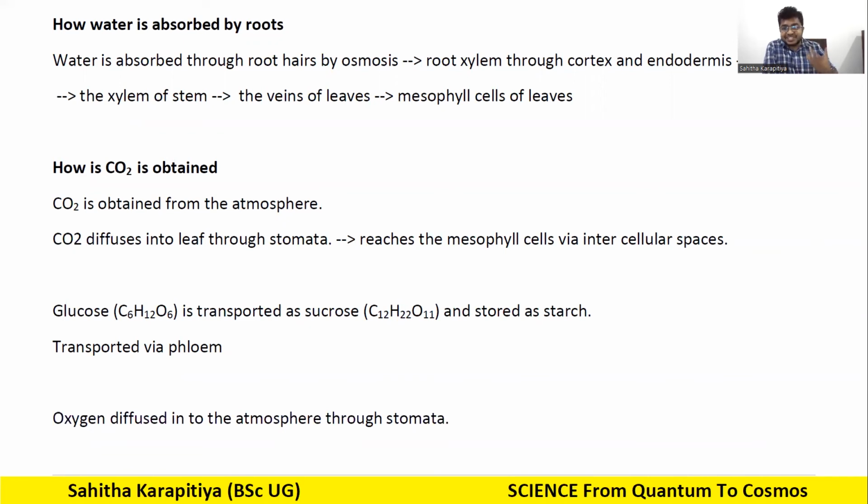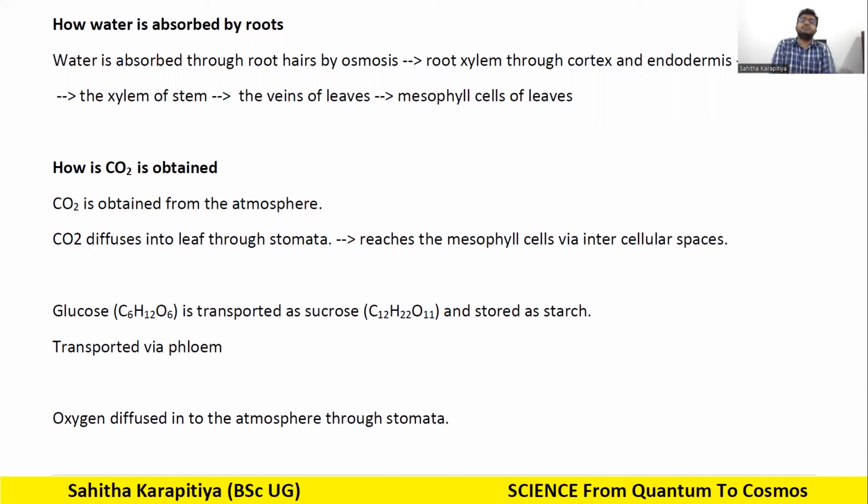But glucose is not used in transportation. To transport the food, it is converted to sucrose. It is the transport carbohydrate because it is not used up in transportation. Otherwise, if the plant transports glucose, it will be used up in translocation. Translocation is the transportation of food. So the food is produced as glucose, transported as sucrose, and stored as starch.